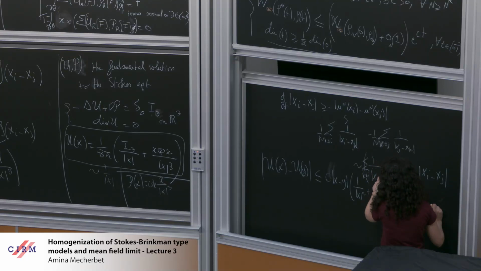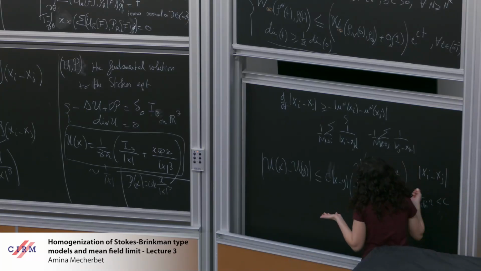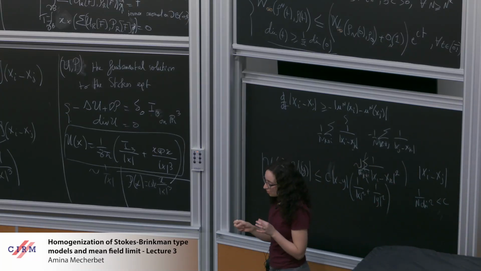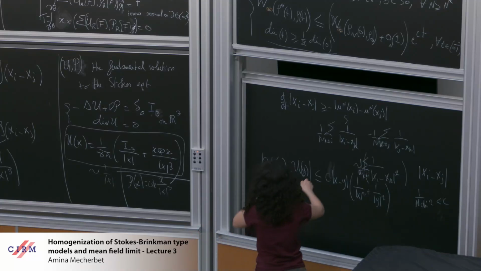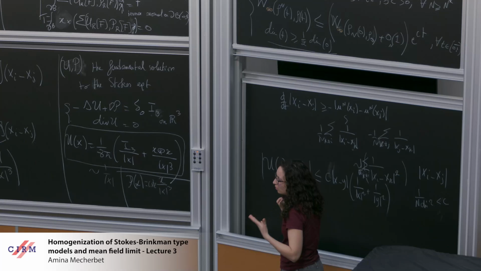So this gives you 1 over d min squared, and there is a 1 over n. So you need at least this to be bounded, which gives you 1 over square root of n. This is a setting where we would like to control the distance between each pair of particles and propagate it, so it's stronger than only propagating the minimal distance.